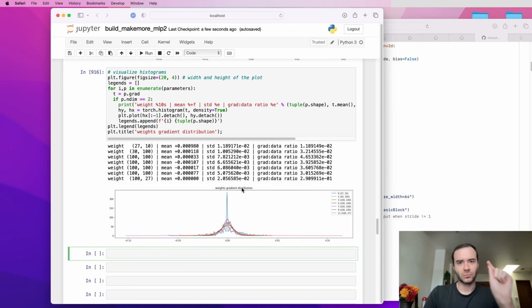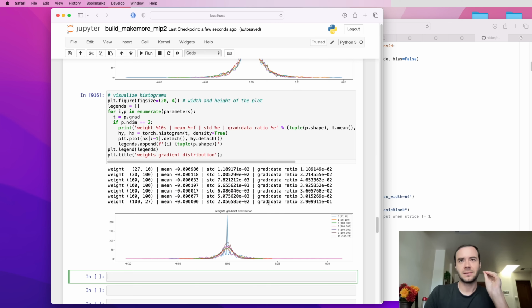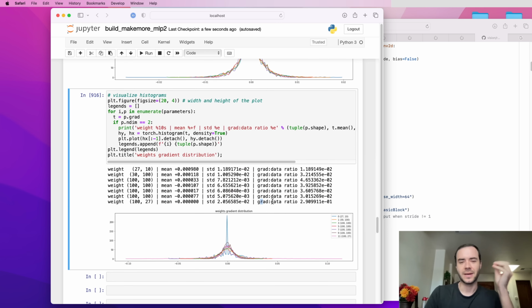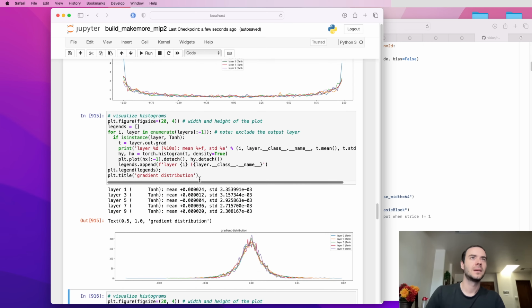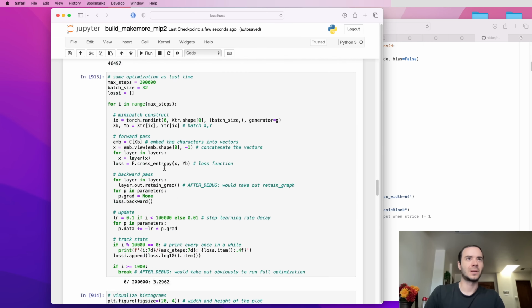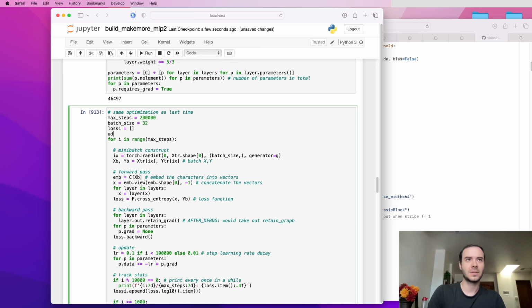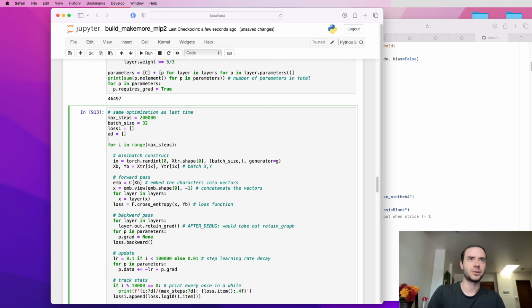Now I'd like to show you one more plot that I usually look at when I train neural networks. Basically the gradient to data ratio is not actually that informative, because what matters at the end is not the gradient to data ratio, but the update to data ratio, because that is the amount by which we will actually change the data in these tensors. So coming up here, what I'd like to do is introduce a new update to data ratio.